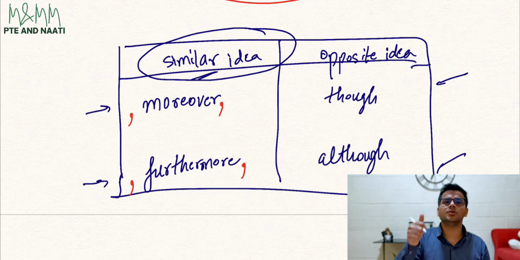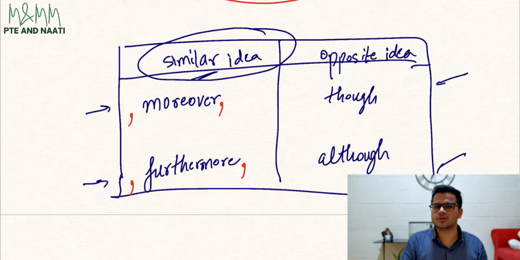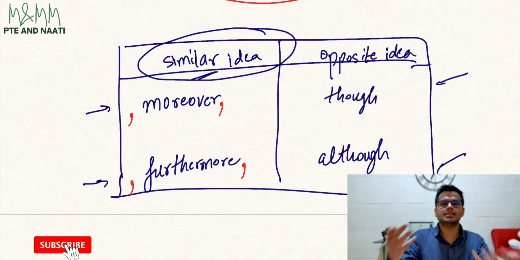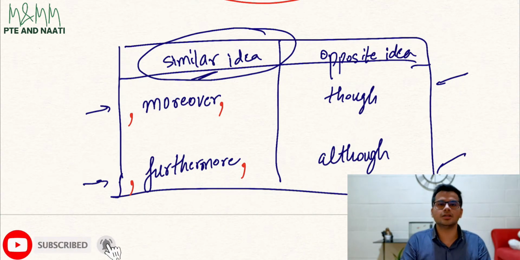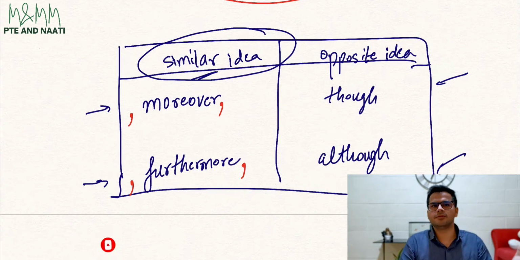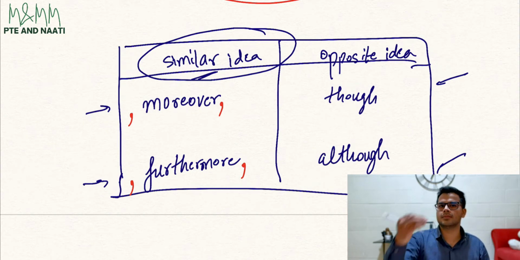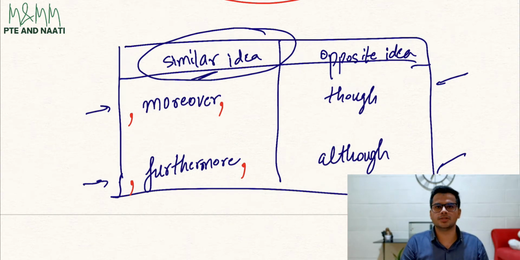The reason we don't use "and" or any other connectors is that, depending on the sentence structure, sometimes we put a comma before them, sometimes we do not. So rather than figuring all this out in the exam within 10 minutes, prefer avoiding that hindrance. Just go with moreover or furthermore, put commas on both sides. Your job is done. You will not lose any mark in your grammar part.